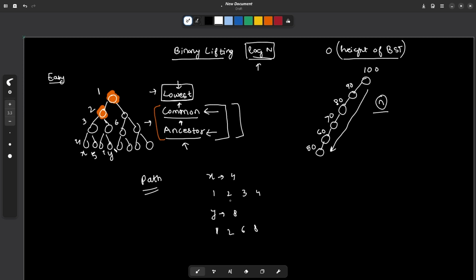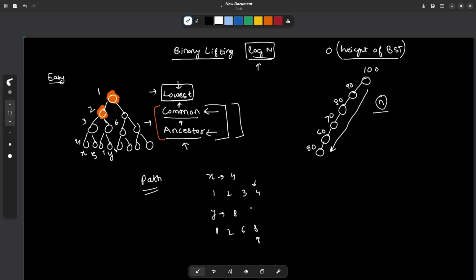Now you must have realized that I am only concerned about the common part among them. So for the node x that is equal to 4, all of the nodes that are present before 4 are the ancestors of 4. Similarly, for node y that is equal to 8, all the nodes that are present before 8 are the ancestors of 8.